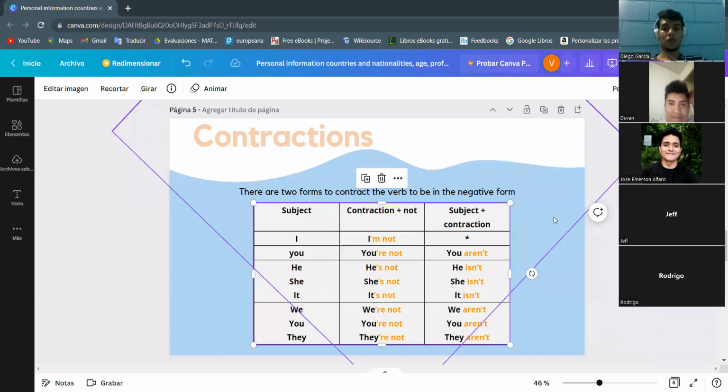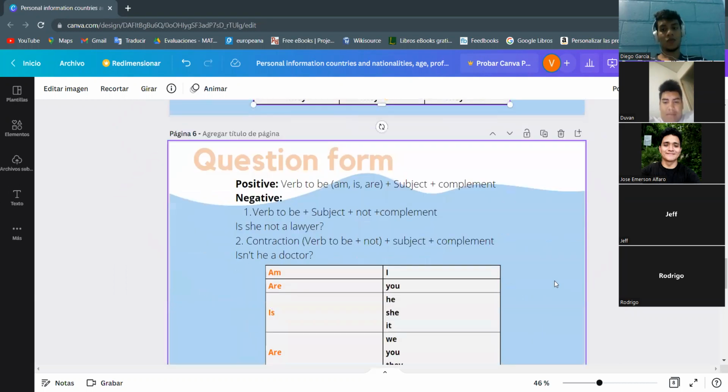Okay, you said, I'm not lazy. Good job. How would you say it if it was a you? You are not lazy. How would you use this contraction in that sentence? They aren't lazy. Great. Yes, correct. Good.